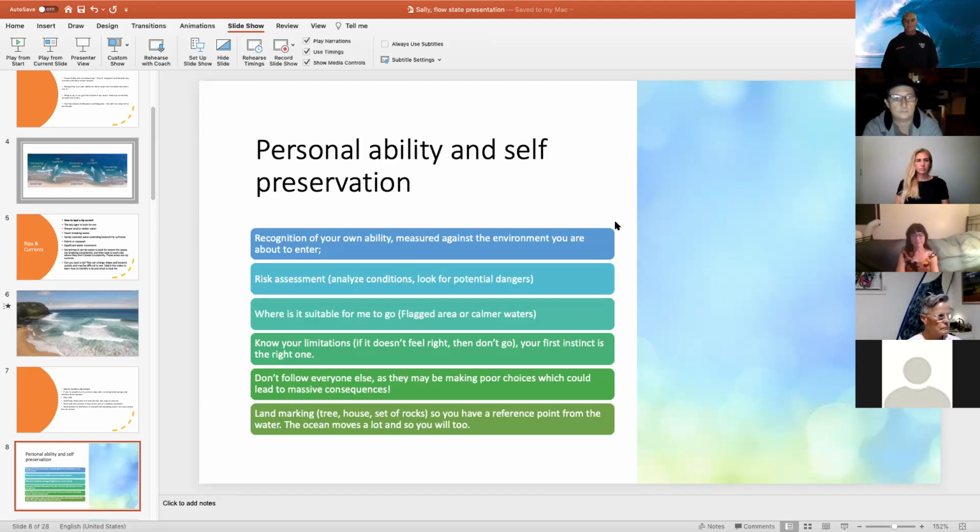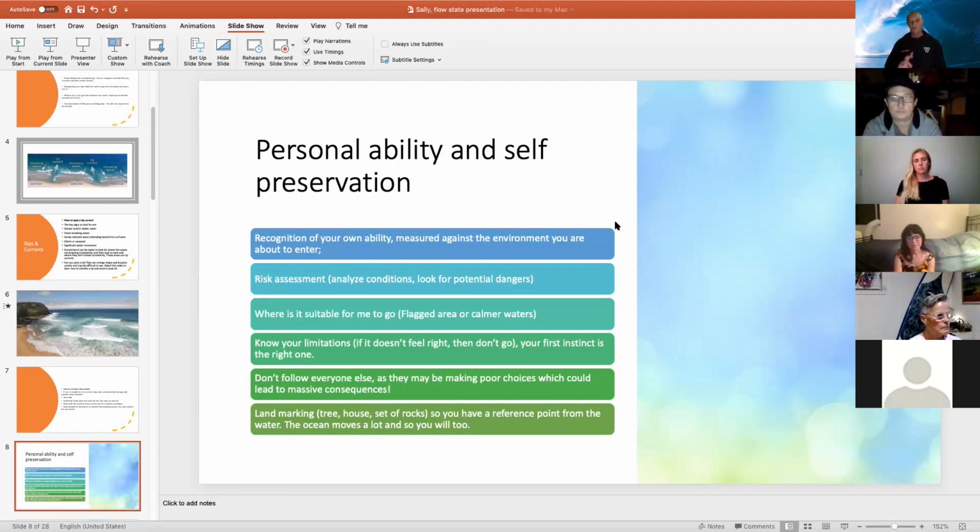Landmarking. Maybe some of you do this, maybe some of you don't, but I refer to landmarking as a reference point. When Dale's talking about big swells, currents and rips, the ocean can move you around quite significantly. So it's really important, when you initially paddle out the back, or even before you paddle out, to pick a decent landmark.